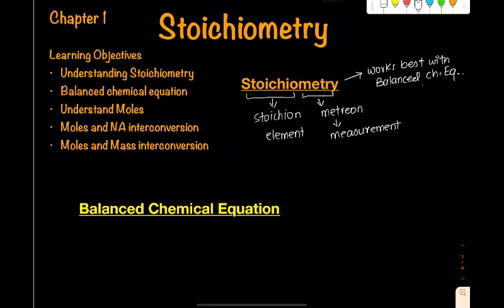This also gives scientists the liberty to find out what amount of each reactant is needed to produce a certain amount of product. It's the same way a cook has to cook a certain amount of a dish, so he or she knows what amount of each ingredient is needed.